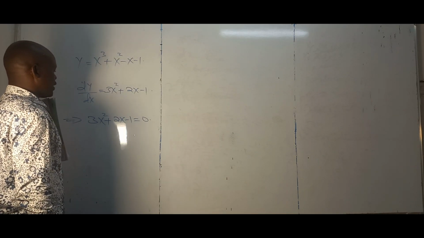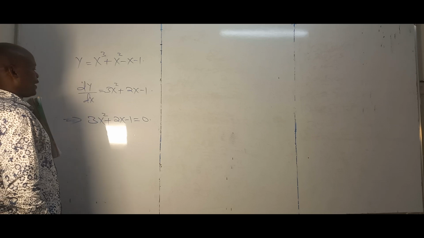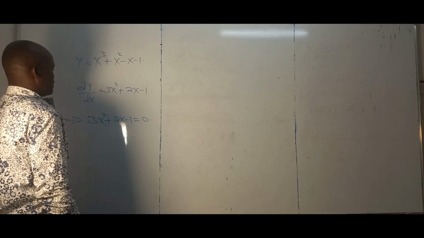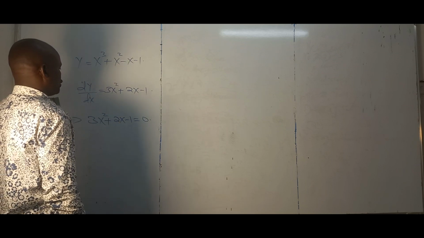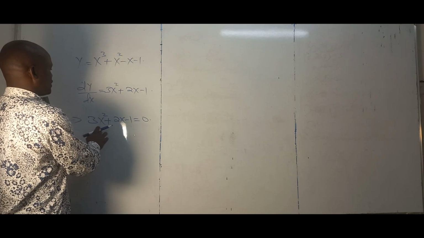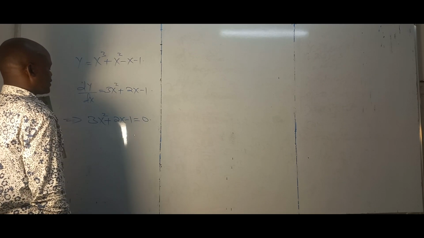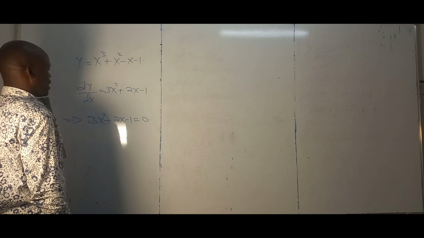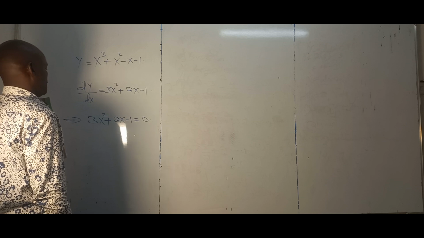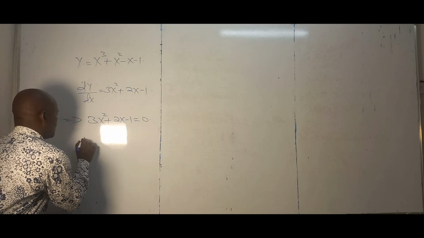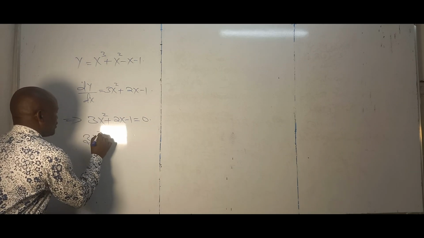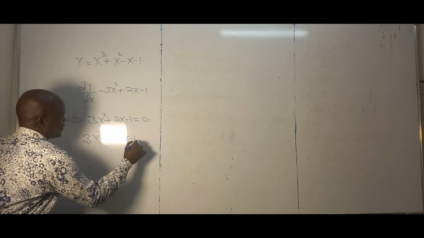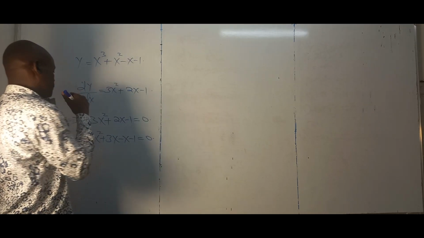Then what I need to do next is to find the values of x that satisfy this equation. I realize that I need two values whose product is -3 and sum is +2. These values have to be 3 and minus 1. So I'll say 3x squared plus 3x minus x minus 1 is equal to 0.